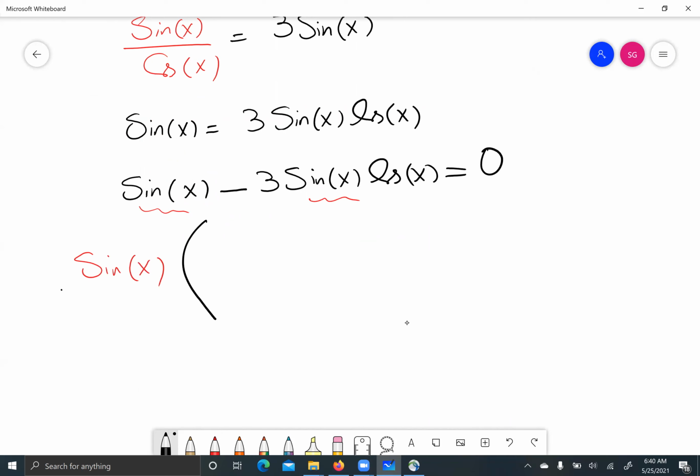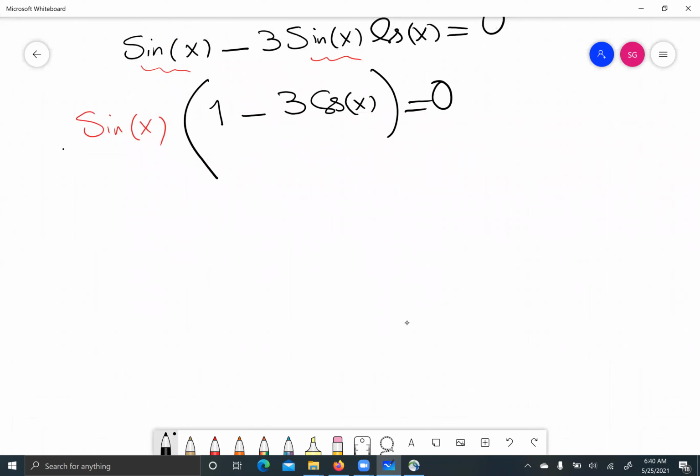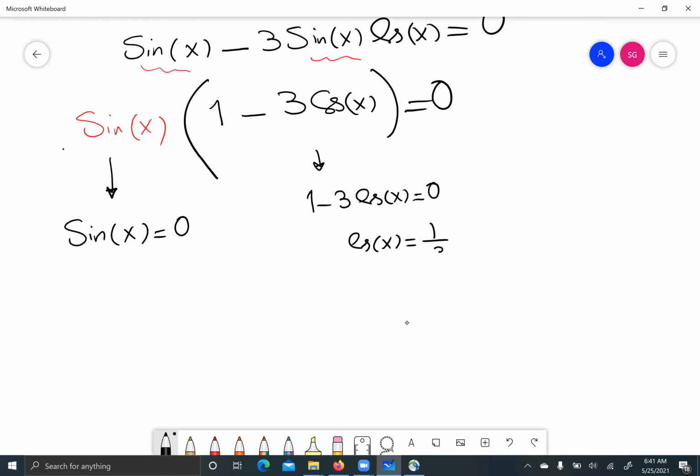So from the first term, we are going to end up with 1. From the second term, we are going to end up with 3 cosine. Now that we completed the factorization, either the first factor is 0 or the second one is 0, which gives me cosine equal 1/3.